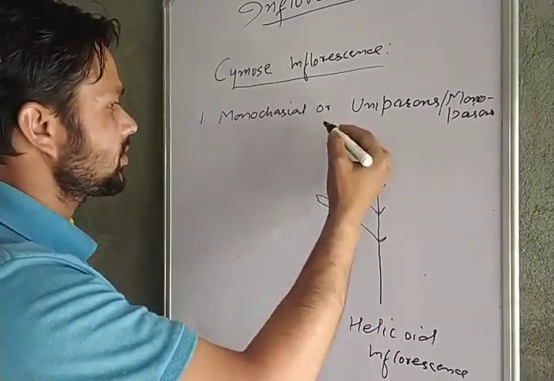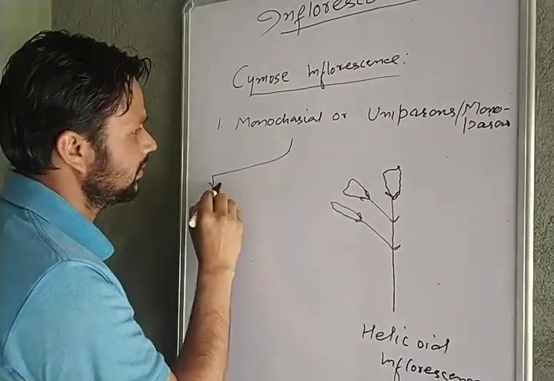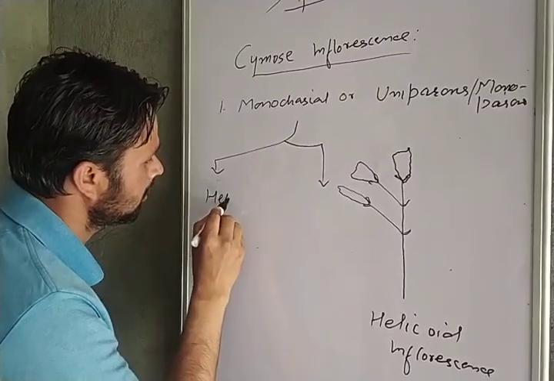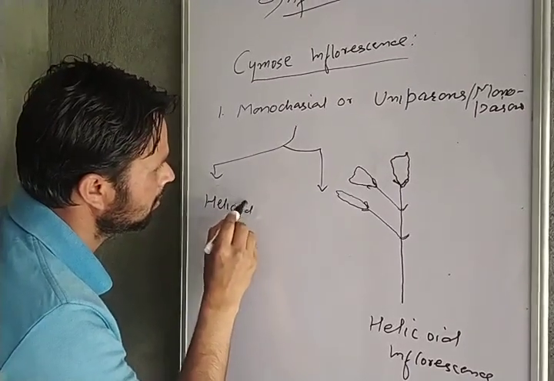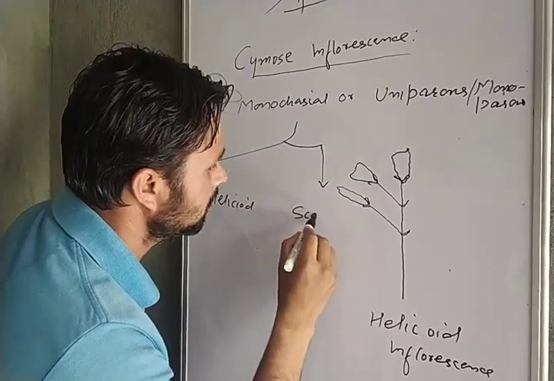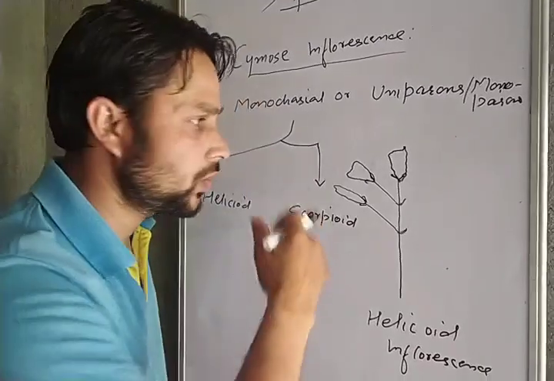If we write, monochasal is of two types: helicoid, and another is scorpioid, which I am going to explain.